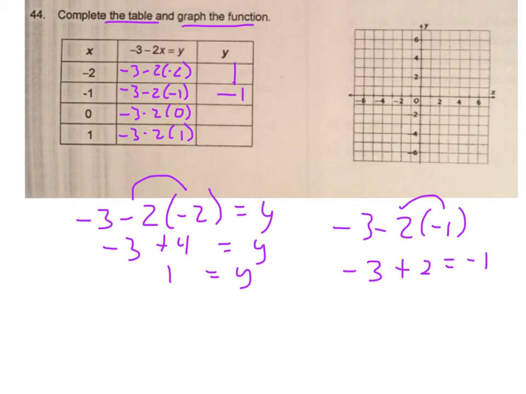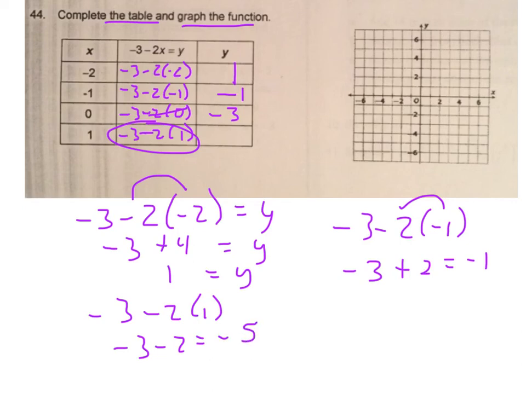Then for 0, 2 times 0 is 0. Oh, I apologize, that's a minus, not a times. So that should be -3 minus 0, which is -3. And this last one, -3 minus 2 times 1, so -3 minus 2 is -5.